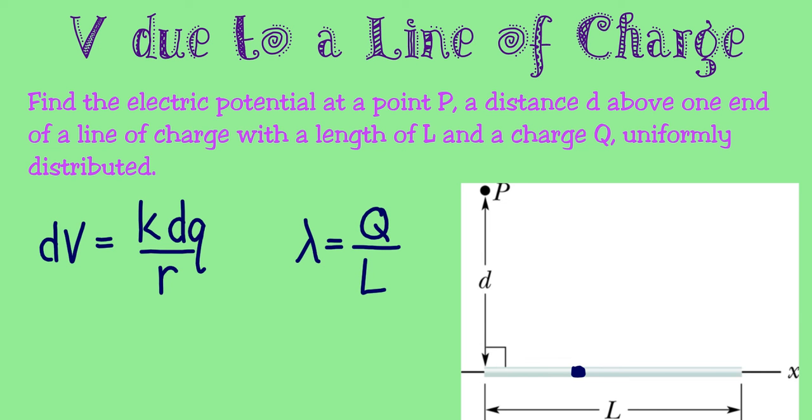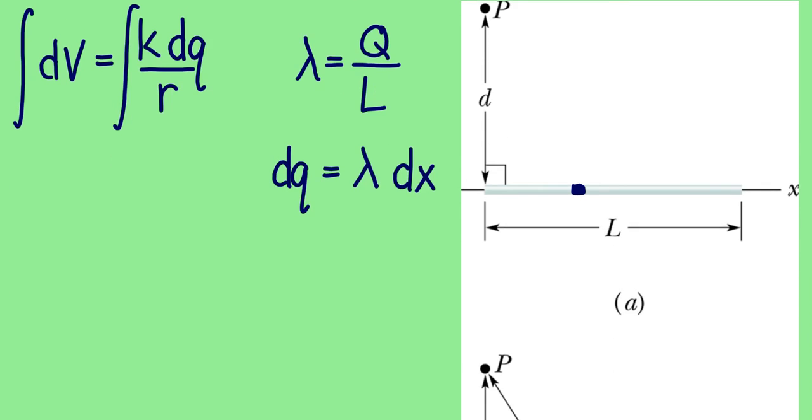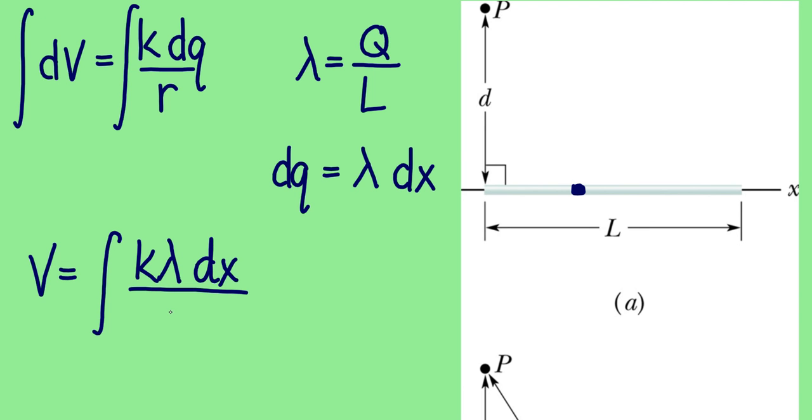And that also means that our little bit of charge dq is equal to lambda times the little bit of length of our charge dx. So we know we're going to take the integral of both sides of this expression, and plugging in for dq, I have k lambda dx divided by r.